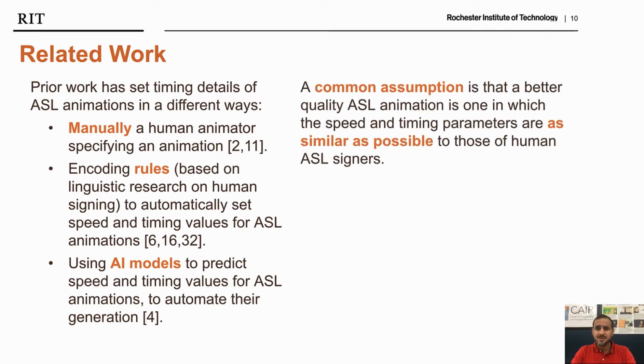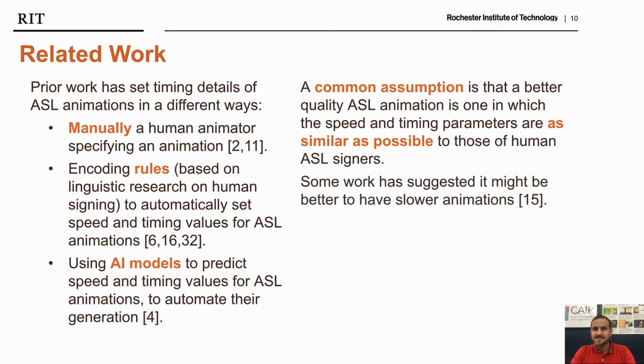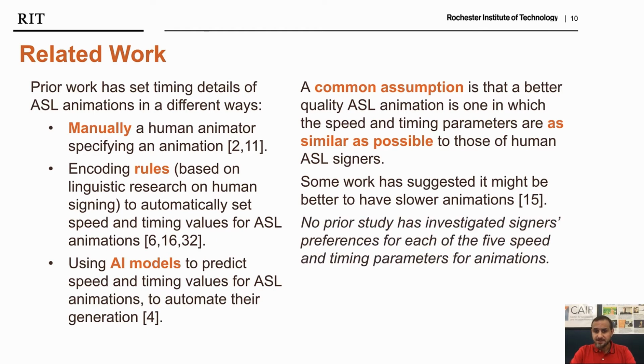A common assumption in this work is that a better quality ASL animation is one in which the speed and timing parameters are as similar as possible to those of human ASL signers. Or it might be better to have slower animation than human. No prior study has investigated signer preference for each of the 5 speed and timing parameters.